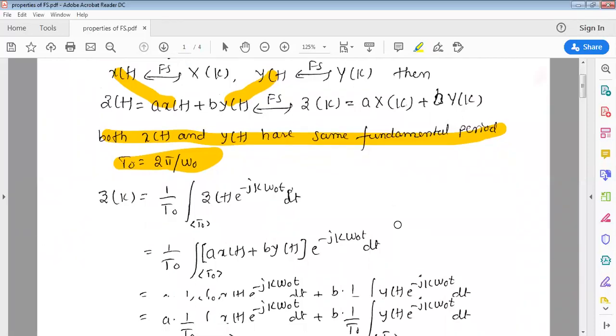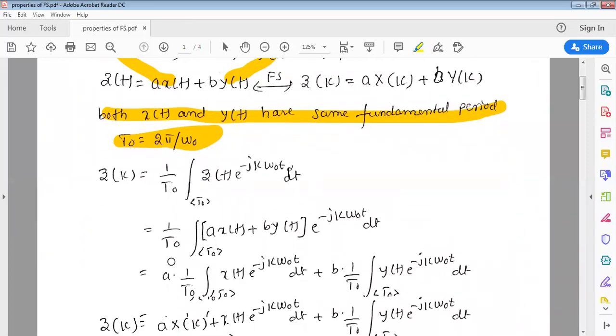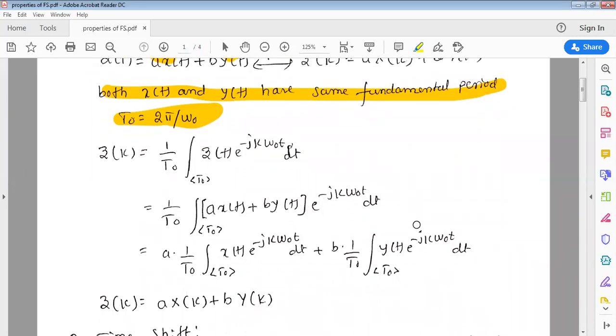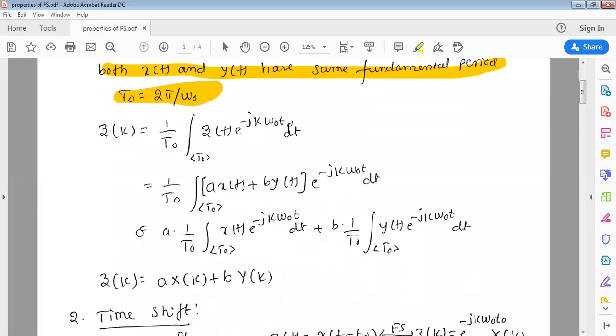This is equal to 1 by T naught integral over a period of T naught, where z of t is equal to a x of t plus b y of t, taken into e power minus jk omega naught t. I have written it as it is. Now, a is a constant and it is not affected by the integration.